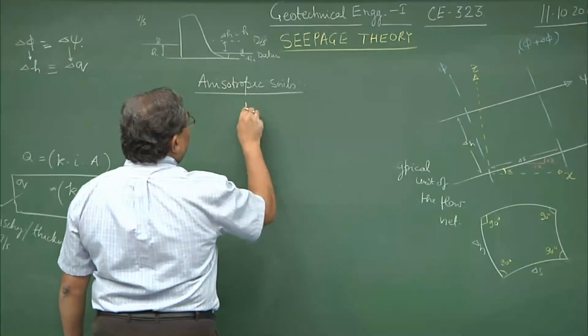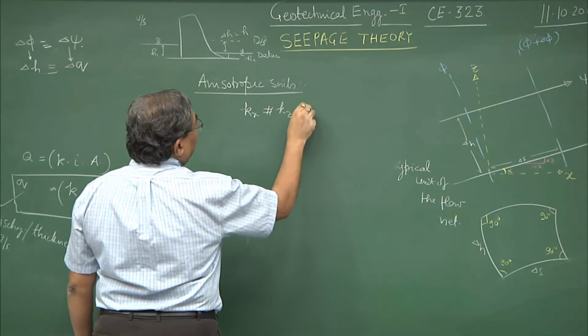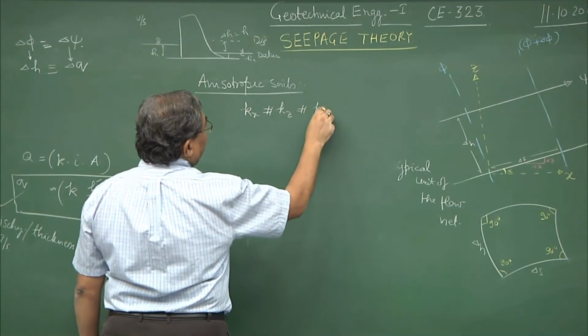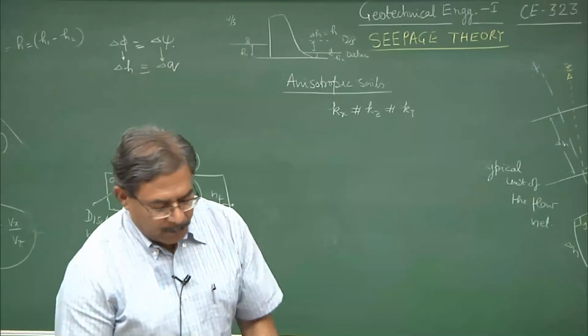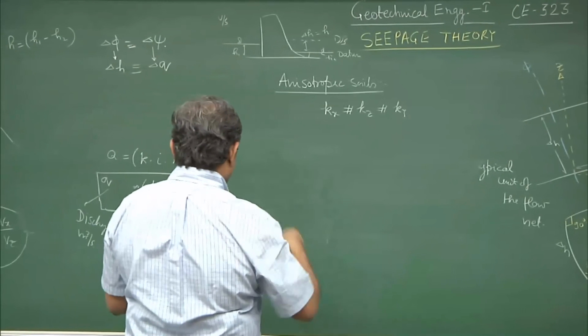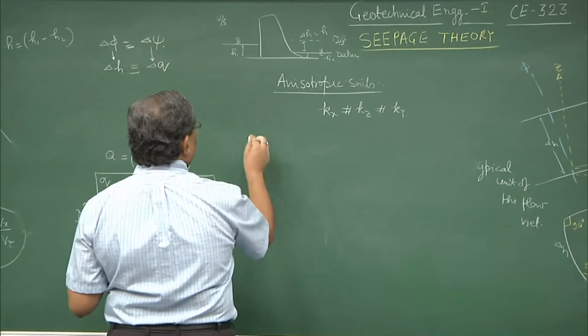So, here we are assuming that k x is not equal to k z is not equal to k y. But suppose I still consider the two dimensional flow, I can use Darcy's law.